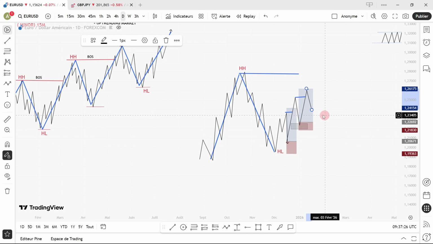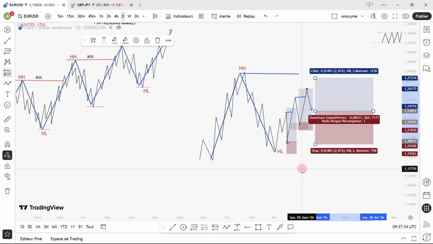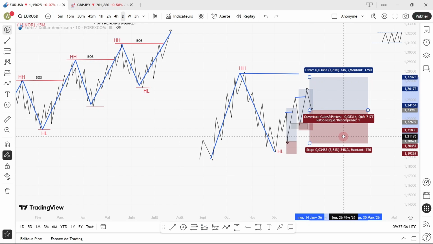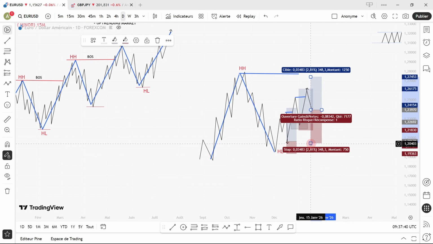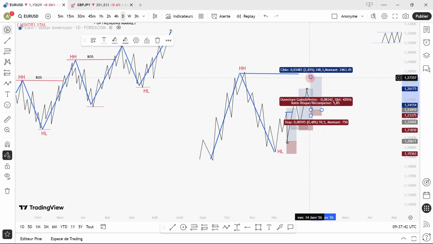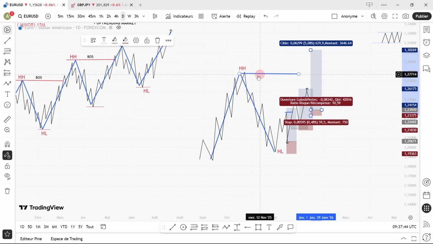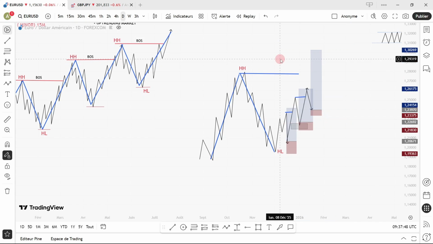Might be an order block, might be a breaker block, might be an imbalance. Then you take another buy right there, until this recent higher time frame higher high has been broken.